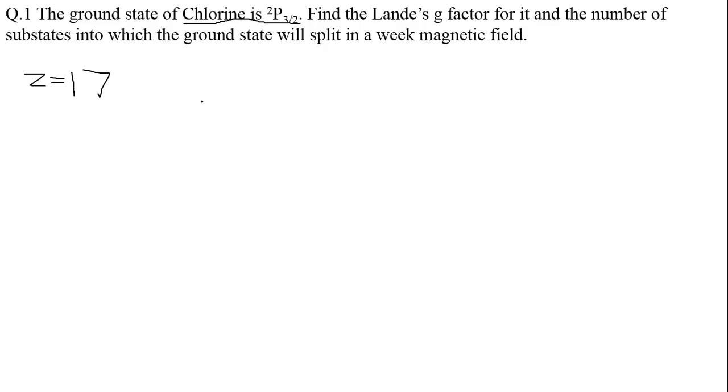So we know generally what we write for the ratio between magnetic moment and the angular momentum, like mu_L vector by mod L vector is e by 2m.